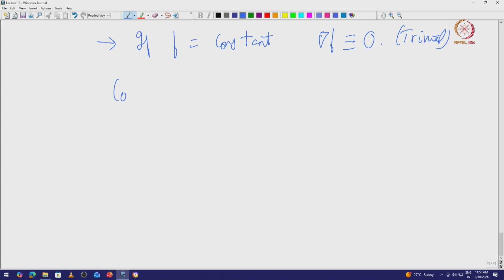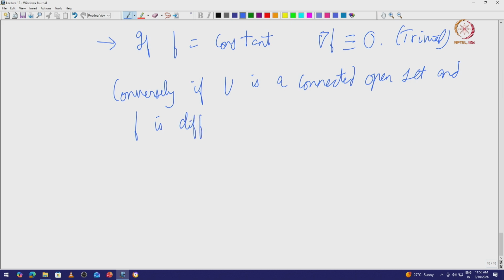Conversely, if U is a connected open set and f is differentiable with zero gradient, then f is a constant.